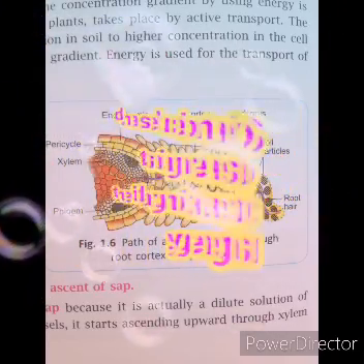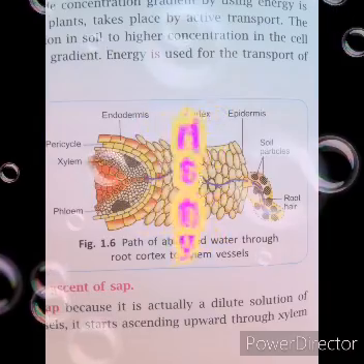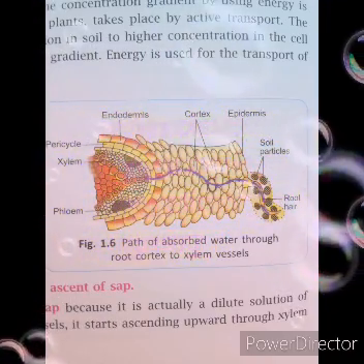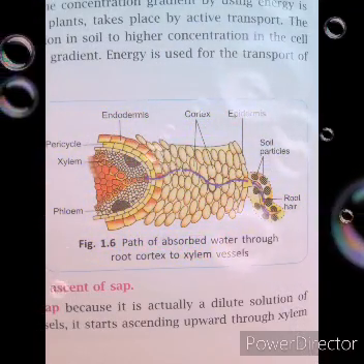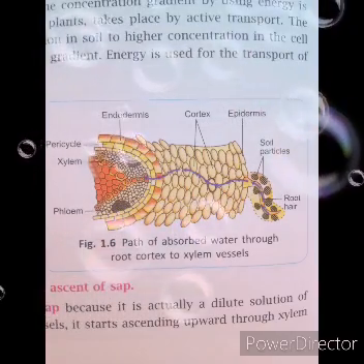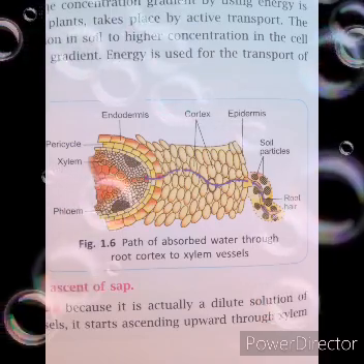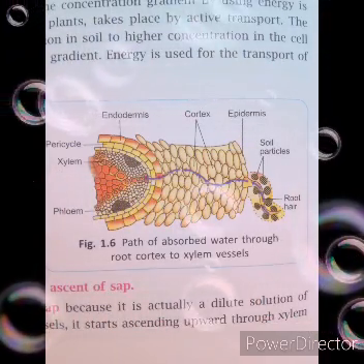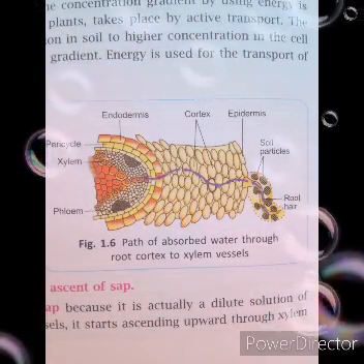Through this figure, which is the longitudinal section of the root hair, the root hair is taking water from the soil particles present near it. From there the water goes towards the epidermis.